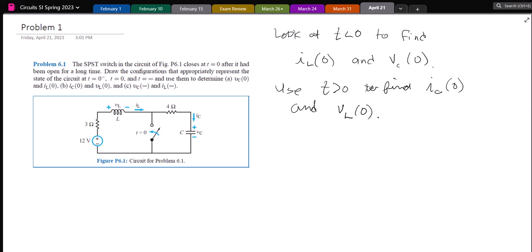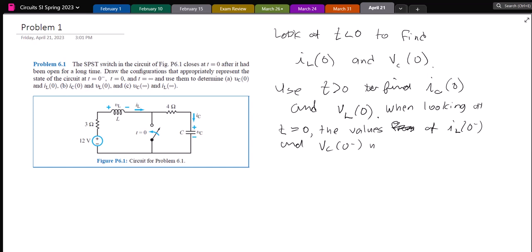And not only that, when looking at t equals 0, the values of IL of 0 minus and VC of 0 minus must still be true.